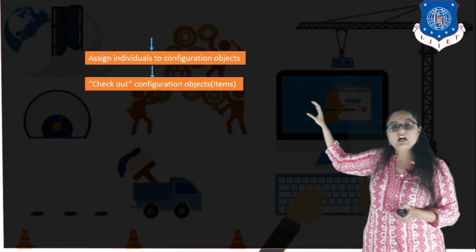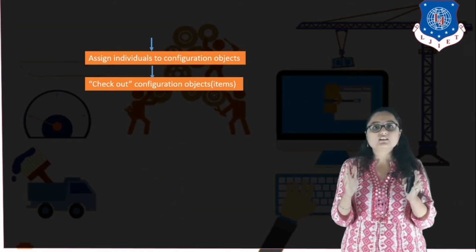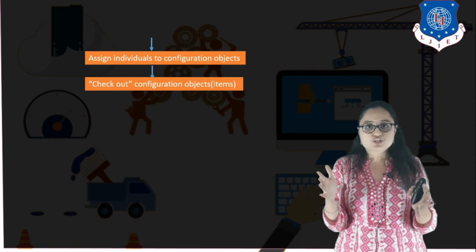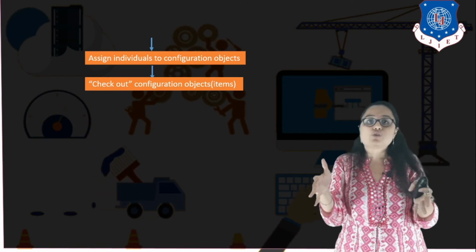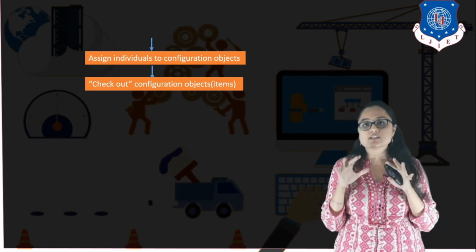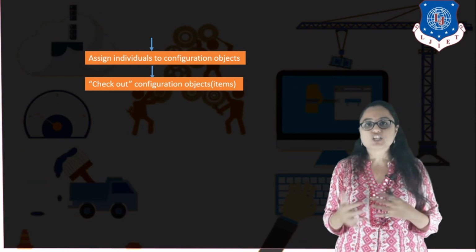The next thing after that is checkout. Checkout means there is a version that has already been baselined. So we have committed that version in a particular software tool, and because everybody is working simultaneously on the same software, you cannot randomly pick files and make changes.